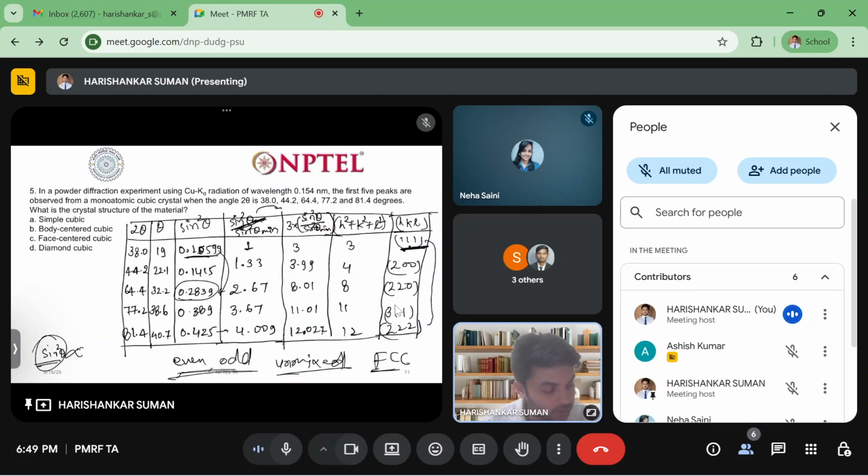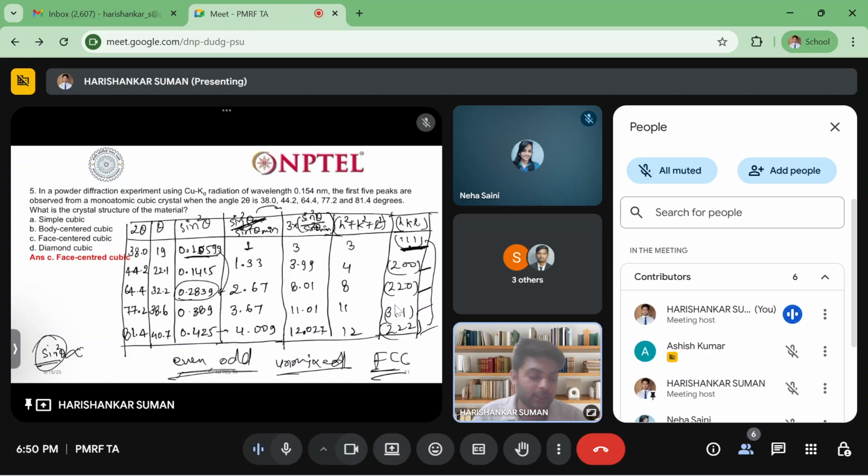First is odd, this is even, odd, even, and unmixed, either all even or all odd. So this goes to FCC. Clear to you? This is a lengthy question, lengthy calculation, but you have to calculate like that. Clear? Let's move to the next question.